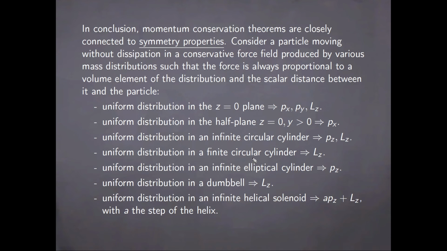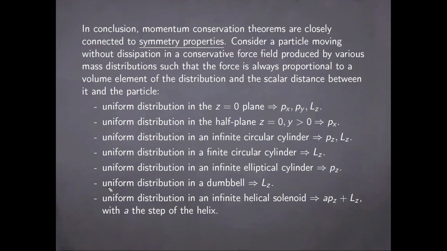If the cylinder happens to be finite, then we cannot even translate on a line parallel with its symmetry axis without breaking symmetry. All we can do is rotate about that axis. If the cylinder is infinite, but it happens to be elliptical in nature, then we can only translate along its symmetry axis, as all other symmetries are broken, particularly the rotational symmetry about the cylinder's axis of symmetry.